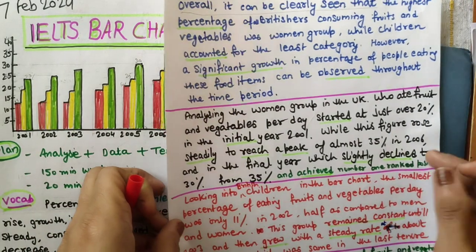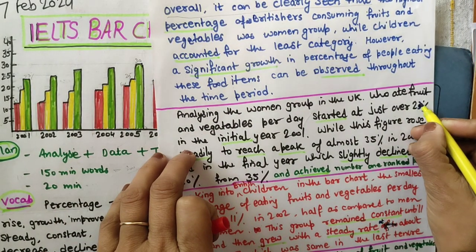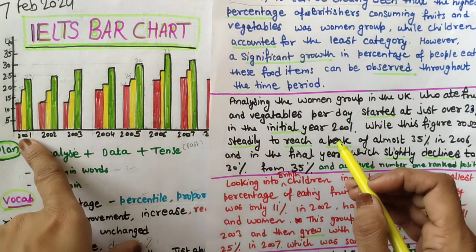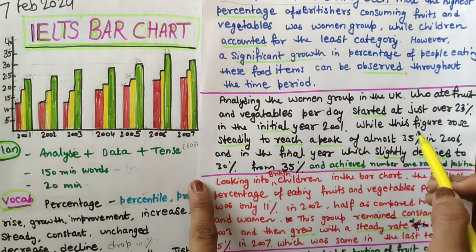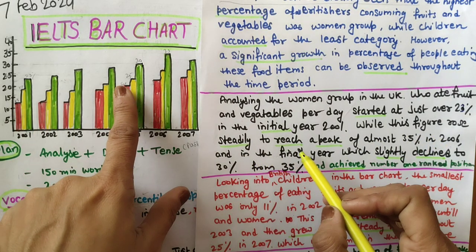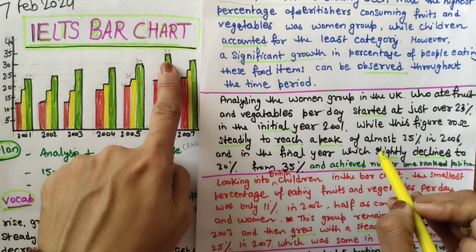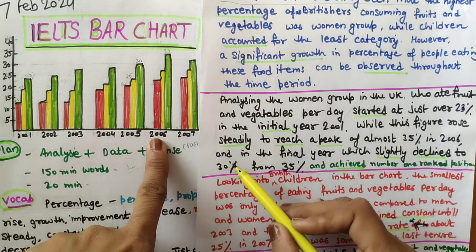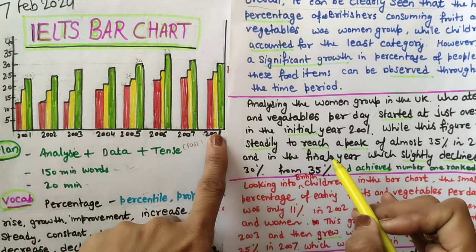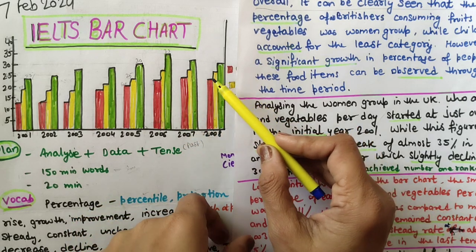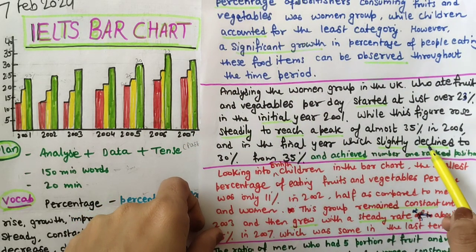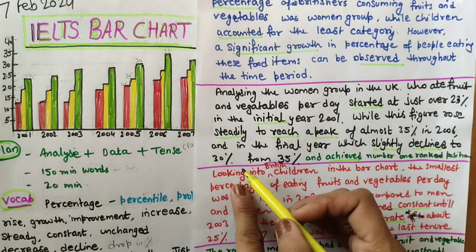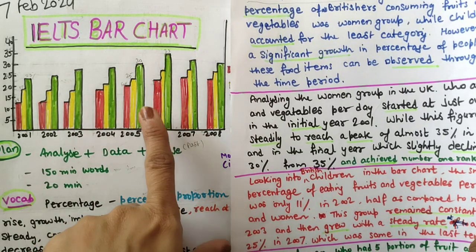In fact, just over 23%, I must say it is 23% in the initial year 2001, while this figure rose steadily to reach a peak of almost 35% in 2006. And in the final year, it slightly declined to 30% from 35% and achieved the number 1 rank position. So this is just simple about women.